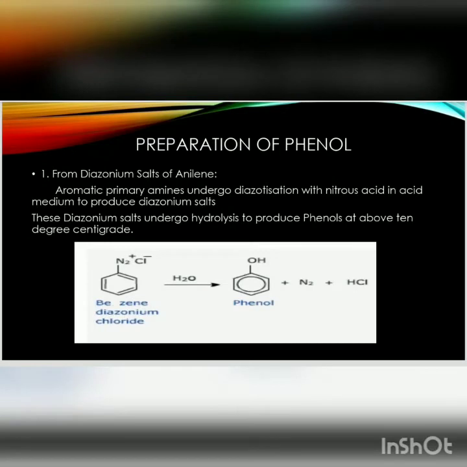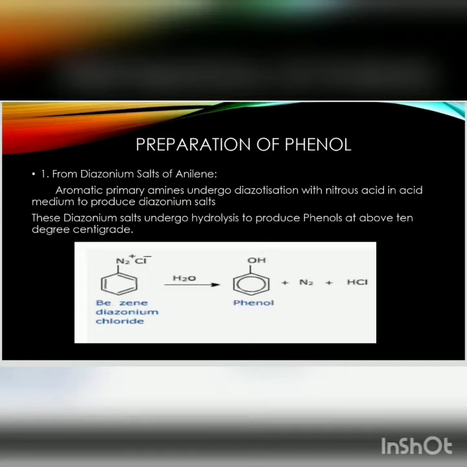From aniline to benzene diazonium chloride, the reaction is known as diazotization reaction. What is diazotization? Diazotization means preparation of benzene diazonium chloride from aniline in the presence of nitrous acid in acidic medium. From this benzene diazonium chloride, we can prepare a number of organic compounds.